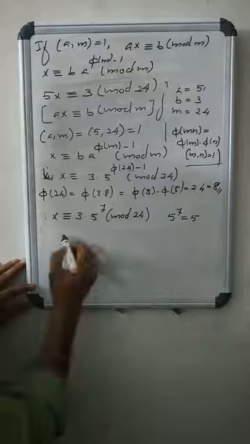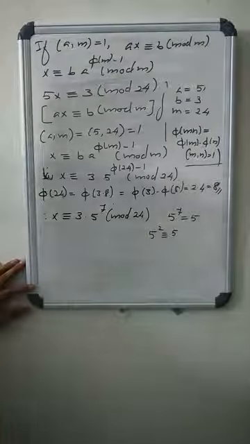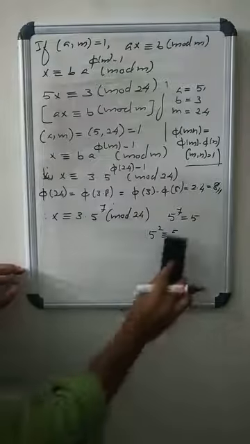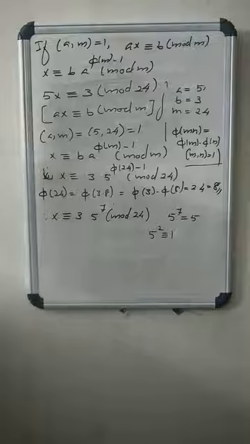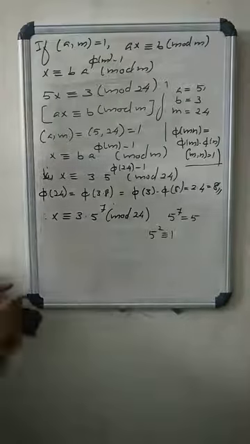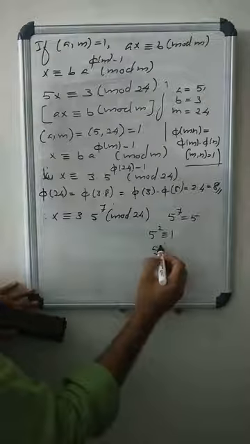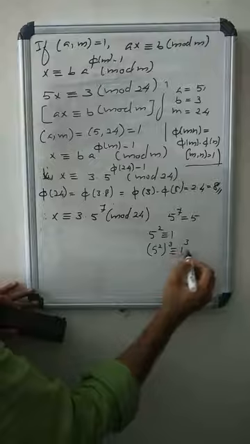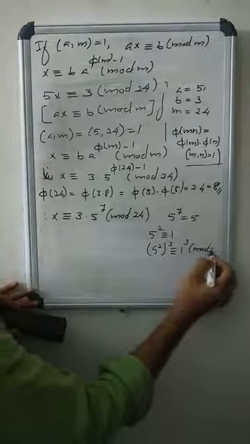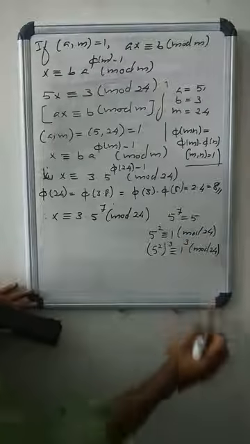Why? We know that 5 squared, sorry, in modulo 24, 5 squared is 1. Why? 5 squared is 25, and 25 minus 1 is 24. So 5 squared, whole cubed, is congruent to 1 cubed mod 24.